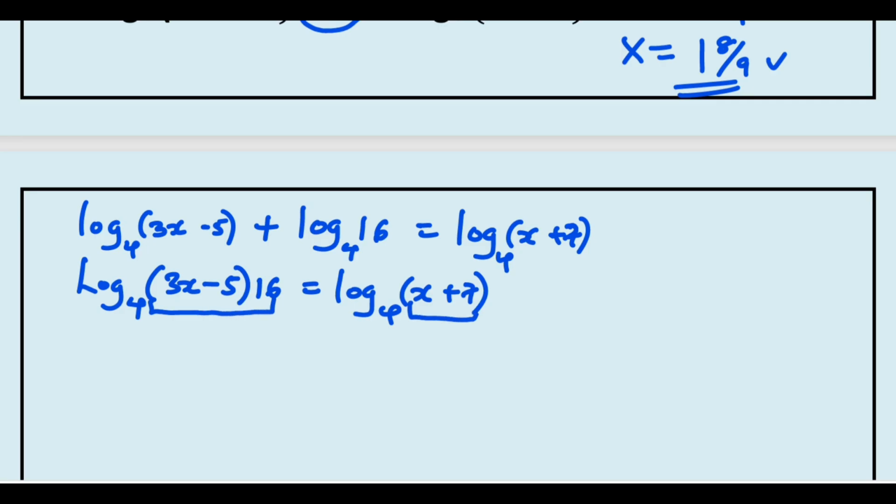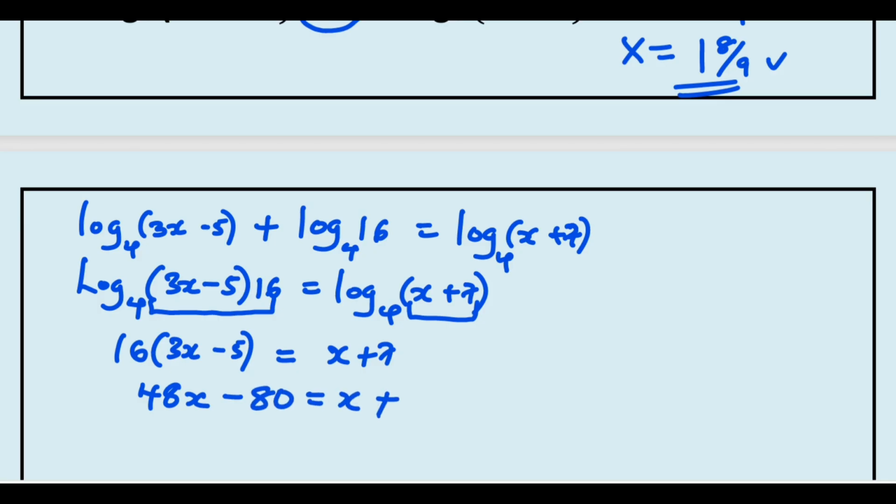So we shall now have 16 into 3x minus 5 is equal to x plus 7. So we shall now work out 16 times 3. That one gives us 48. So 48x minus, what about 16 by 5? That one gives us 80 is equal to x plus 7.